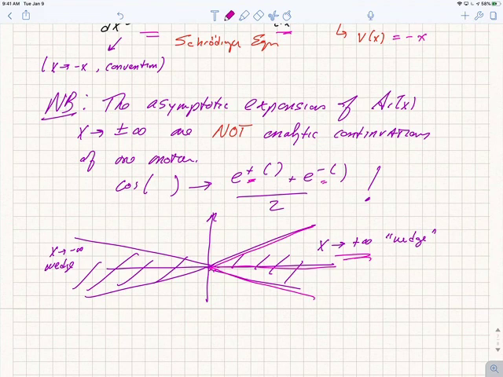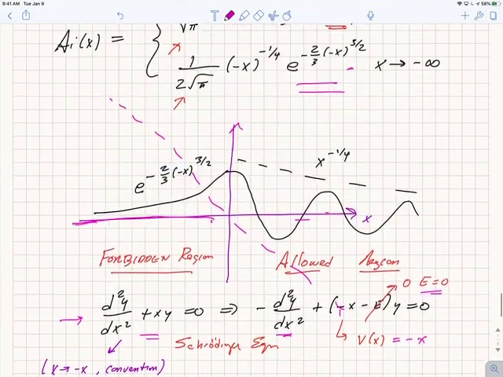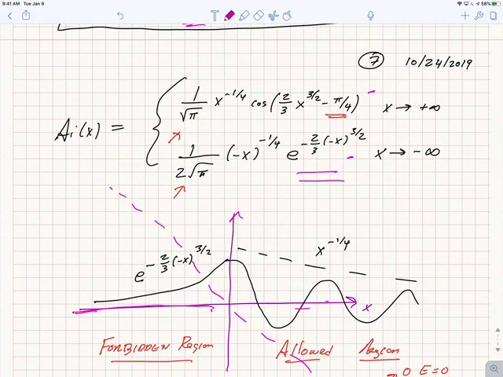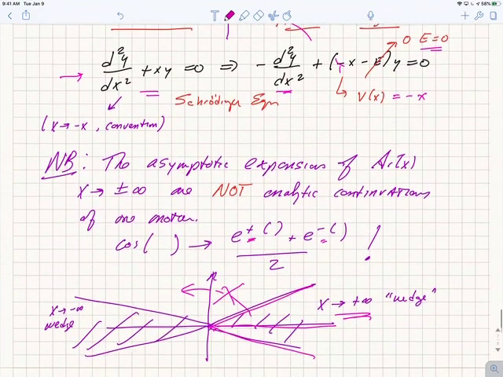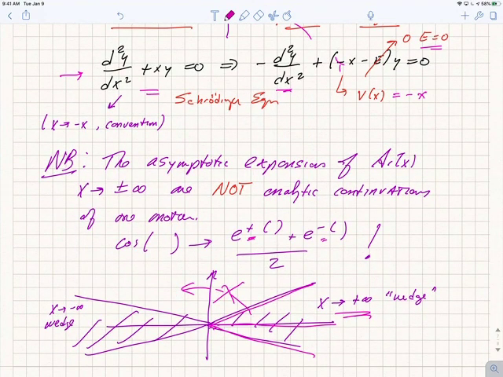On the other hand, around x goes to minus infinity, it's a different wedge, and there's no way that I can analytically continue from one region to another. And this is now something we can see explicitly when we look at the asymptotic expansion for the Airy functions: there are very different forms of the expansion that are not even related by analytic continuation to one another. So this concludes our discussion of the method of steepest descent.